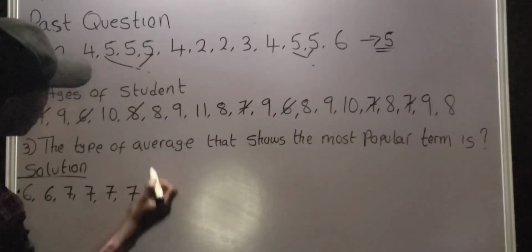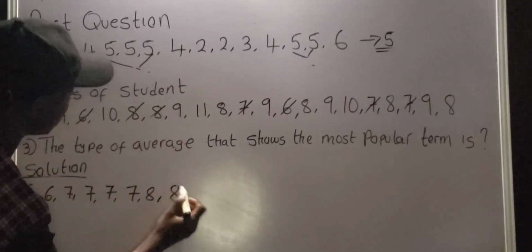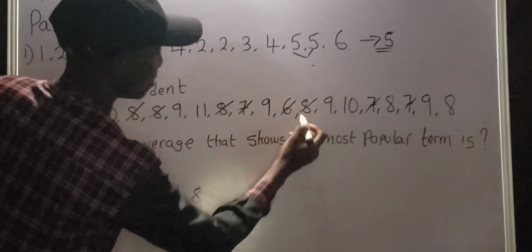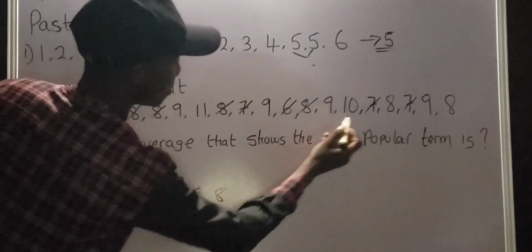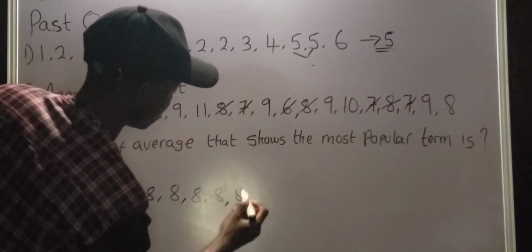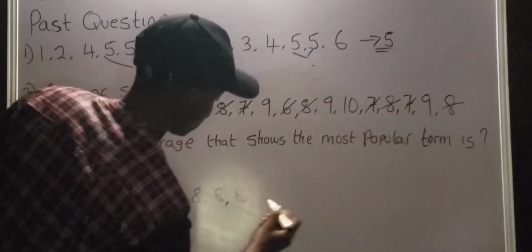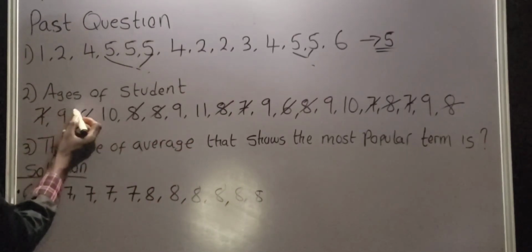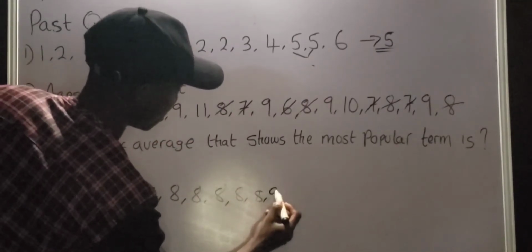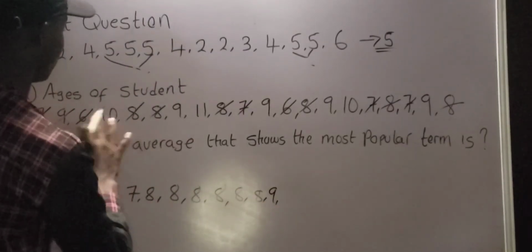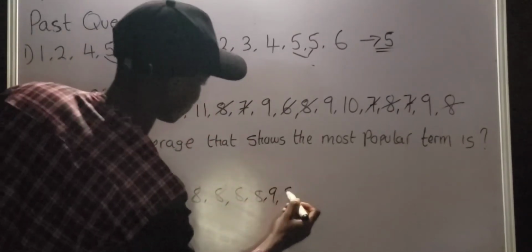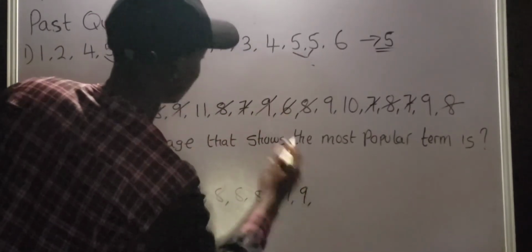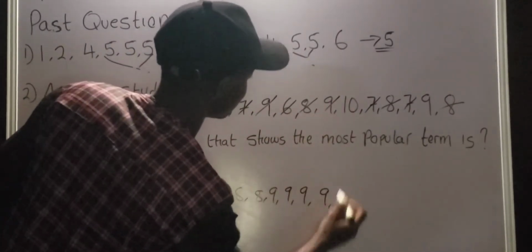So 8, 8, 8, 8, 8, 8. Followed by 9. So I have one 9 here, 9, 9, it's also 9, this one also 9.